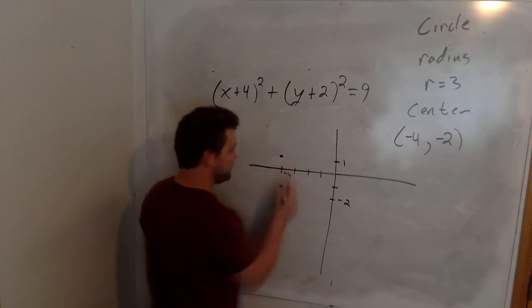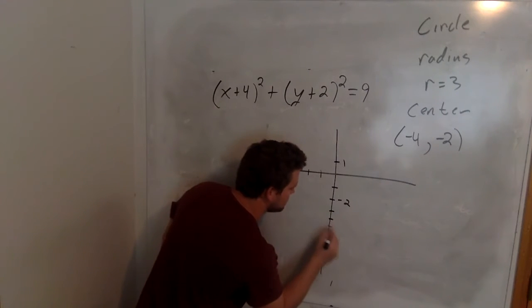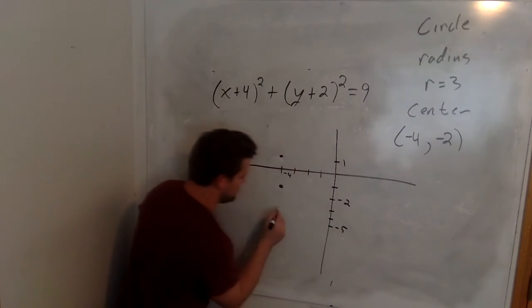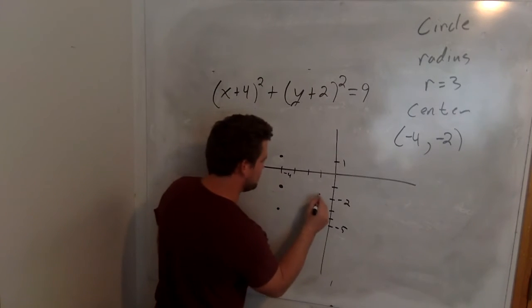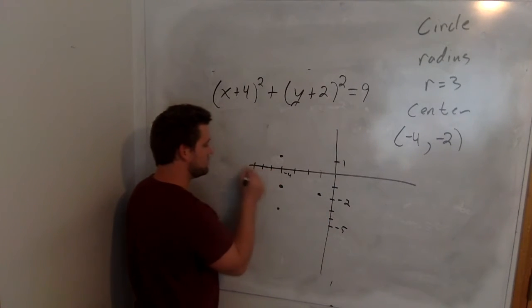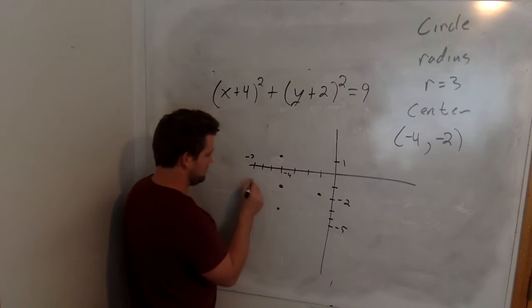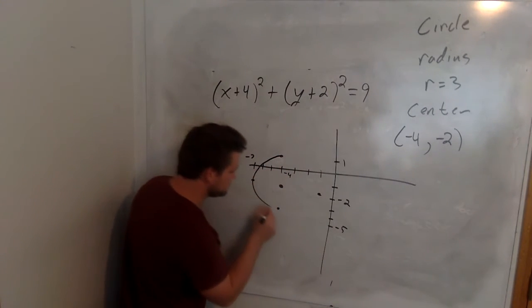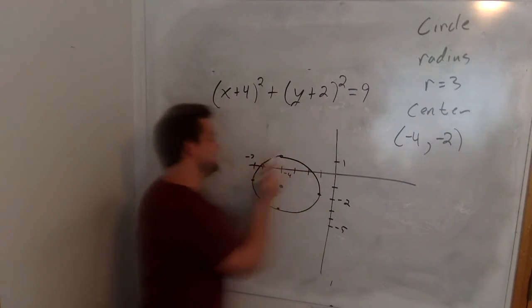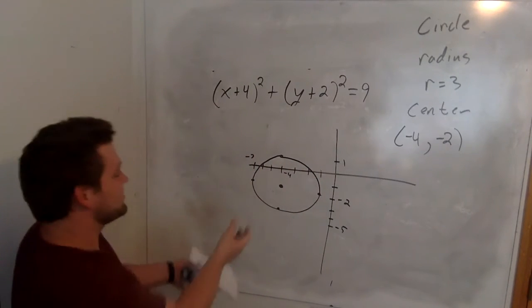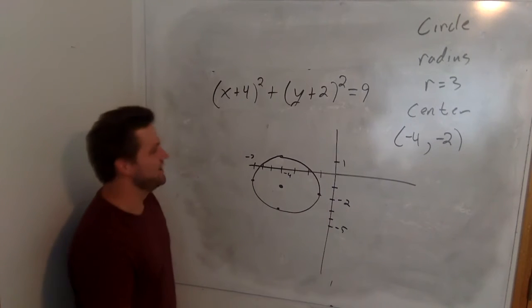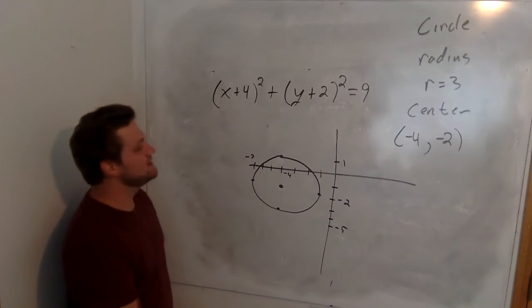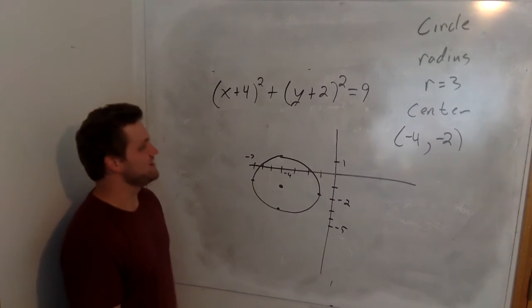We'll mark this point. We'll go down 3 units, right 3 units, and left 3 units. While this is hand drawn, it's supposed to be a perfect circle. It's a circle of radius 3, center at -4, -2.